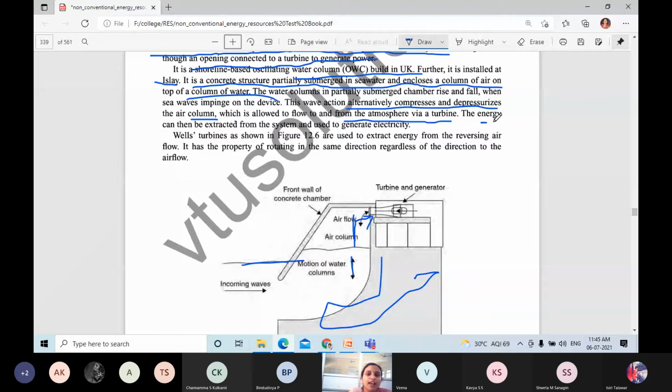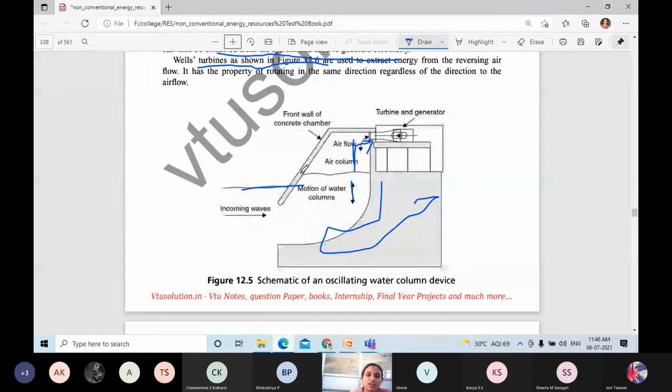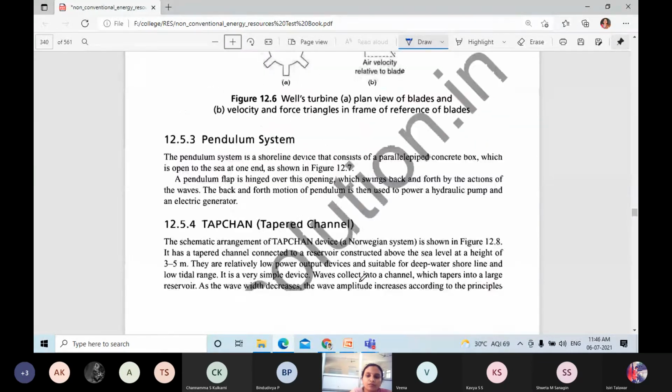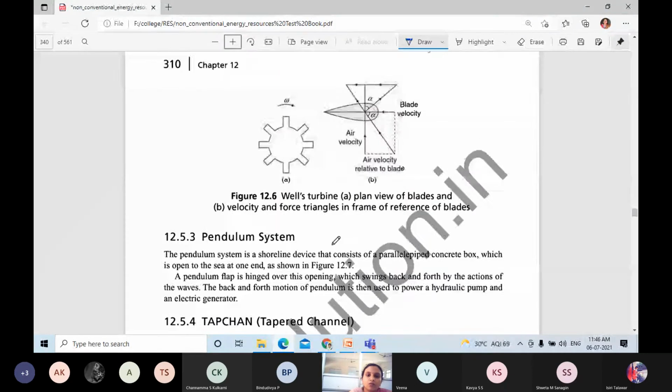Here the energy can be extracted from the system and used to generate electricity. Wells turbine, as shown in figure 12.6. If you see this figure, this is the Wells turbine: plan view of blades and velocity and force triangles in frame of reference of blades.